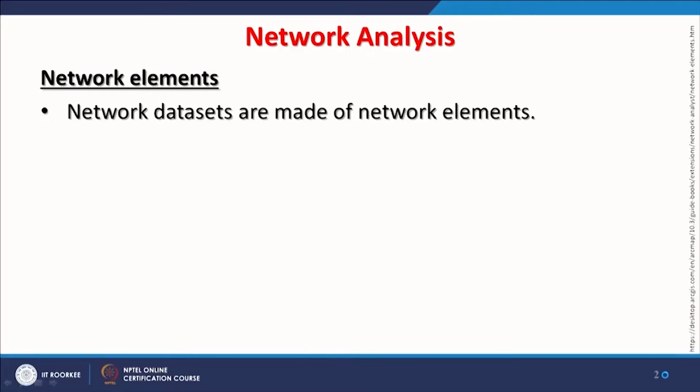So it is very important from all those perspectives. Now in a network, what are the network elements? Network data sets are made of network elements, and the main network elements, as you can guess very easily, are polylines. These network elements are generated from source features.